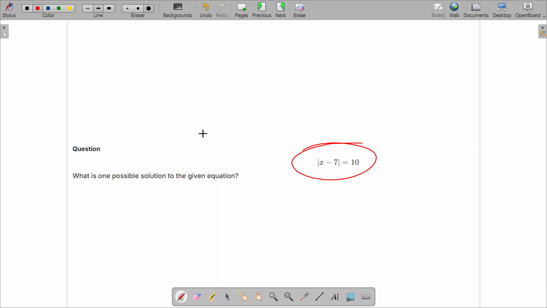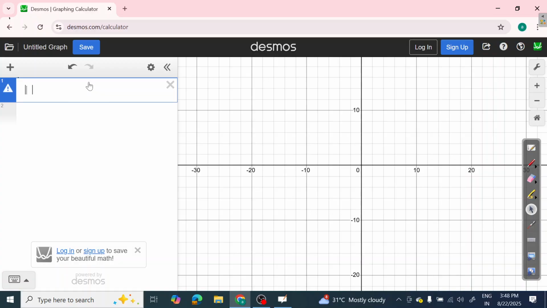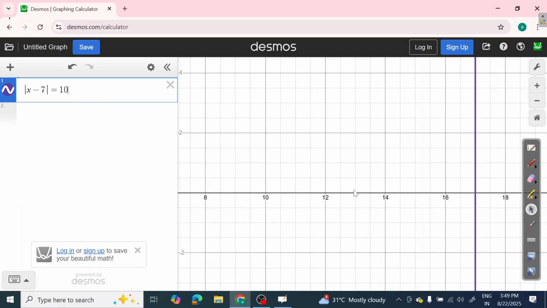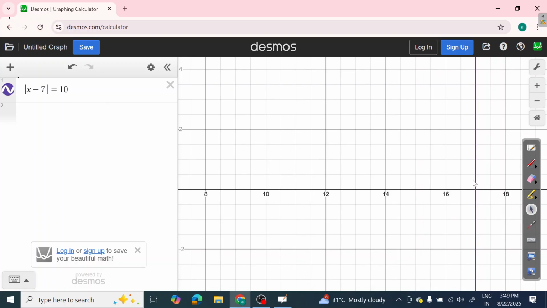Now, whenever you see these kinds of questions, where they are asking what is one possible solution to the given equation, try to put it on Desmos. x minus 7 equals 10. Now, why I'm showing this: you get two lines, but see, this point is not clickable, right?